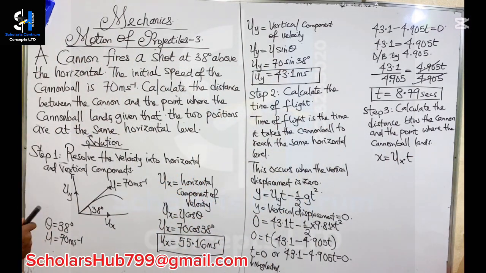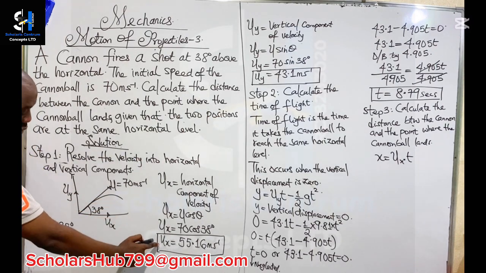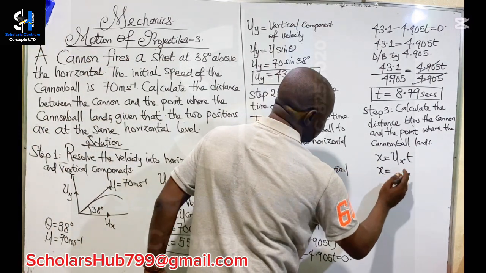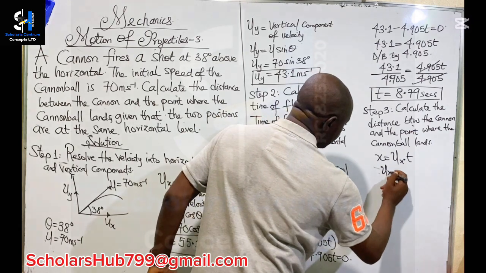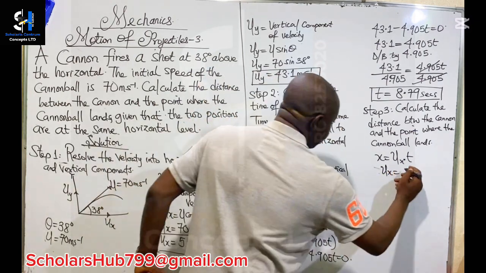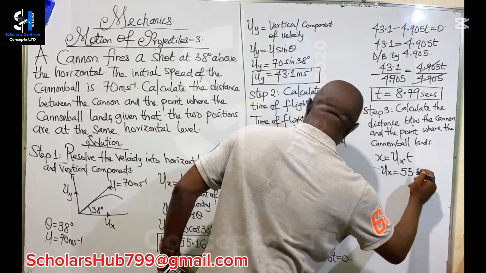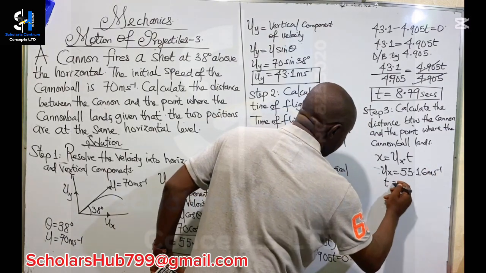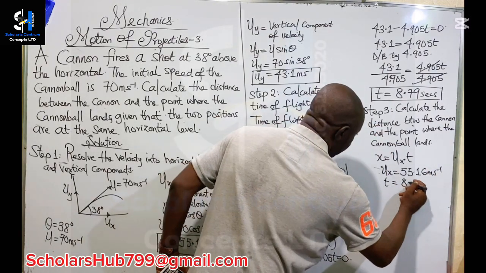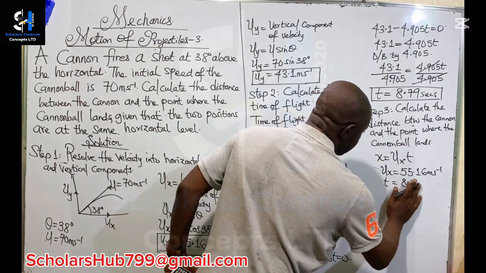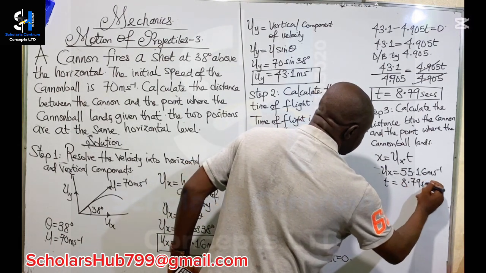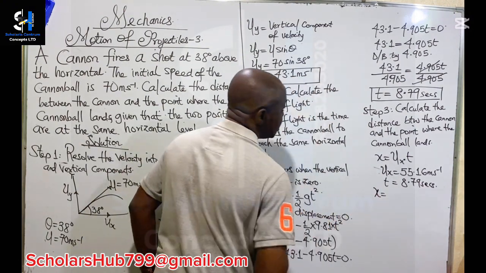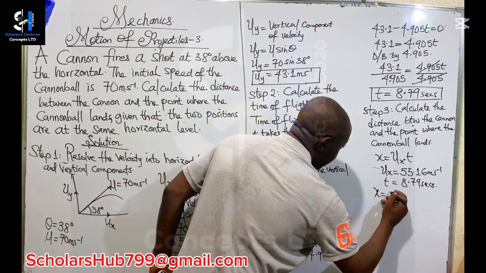And that's why we needed to calculate ux. So x will be equal to, we know that ux is 55.116 meters per second, and the time of flight is 8.79 seconds.